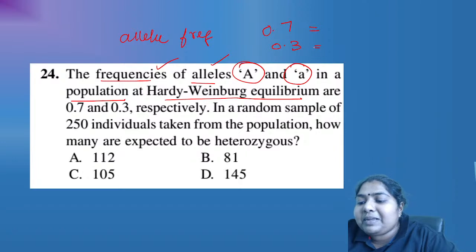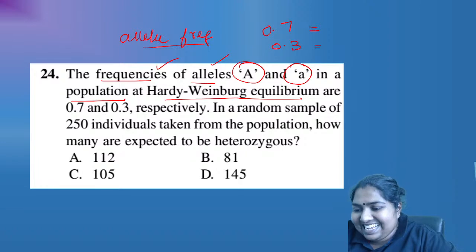So is it p or p squared? This is where the majority of the students get stuck. 0.3 and 0.7, is it p and q, or p squared and q squared? Think and you can give the answer in the comment box.